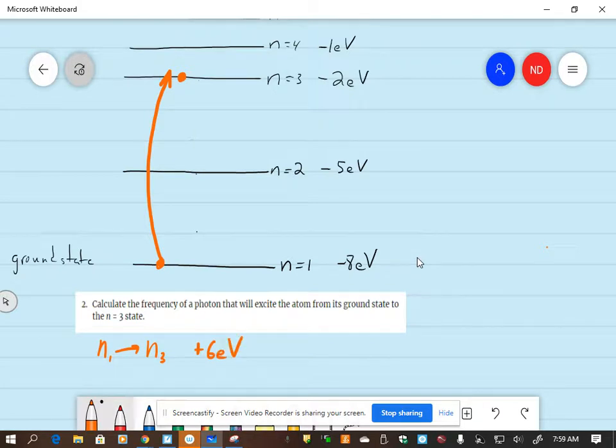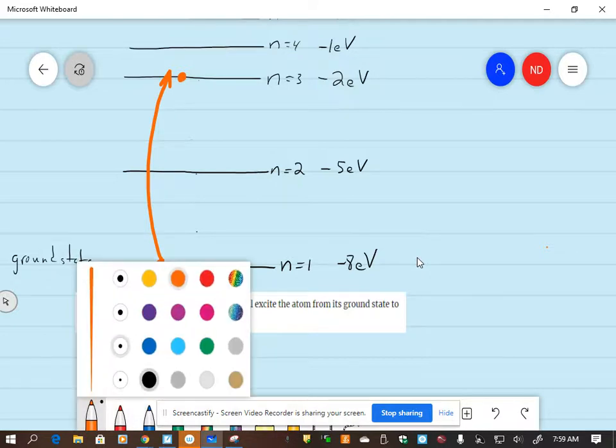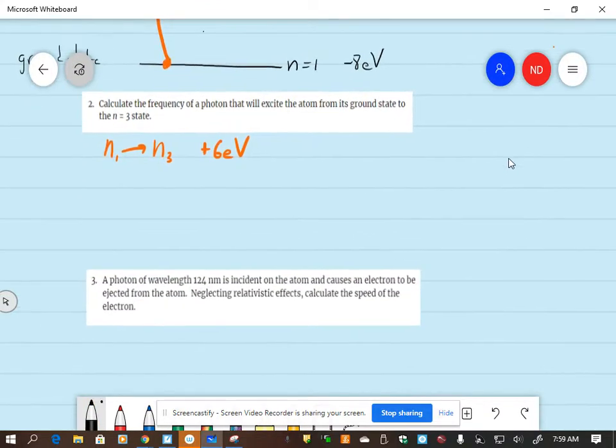There are 2 ways you could go about this problem. You're going to use the equation E equals hf. Now you have the energy in electron volts. The key thing here is h, Planck's constant, on the front page of your reference tables or equation sheet.